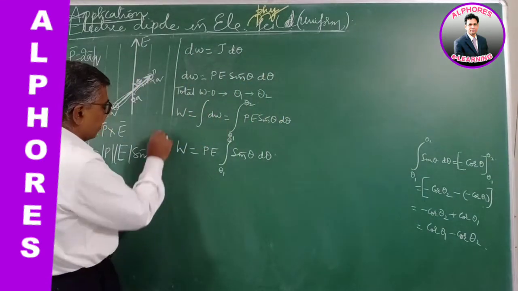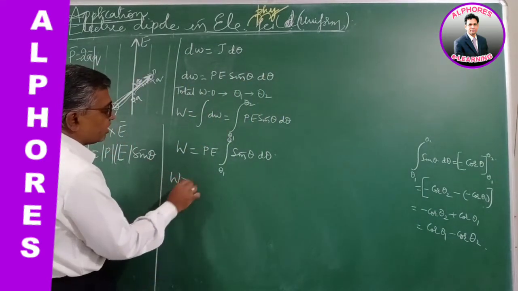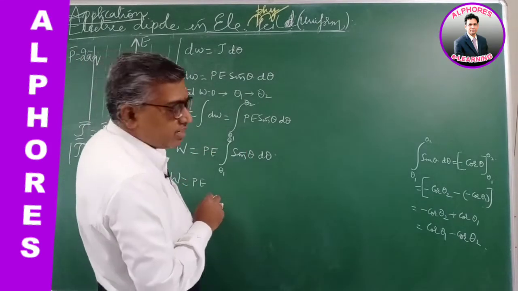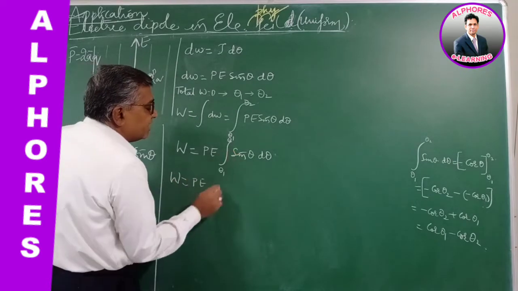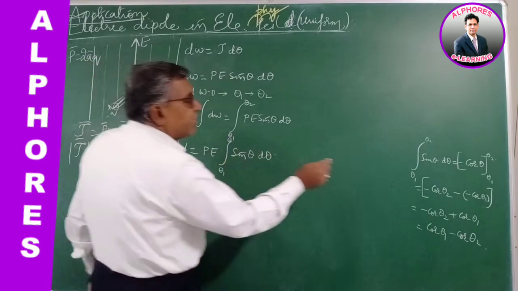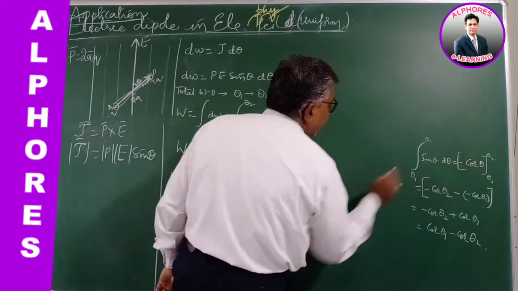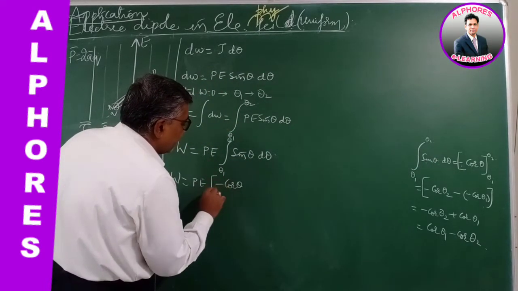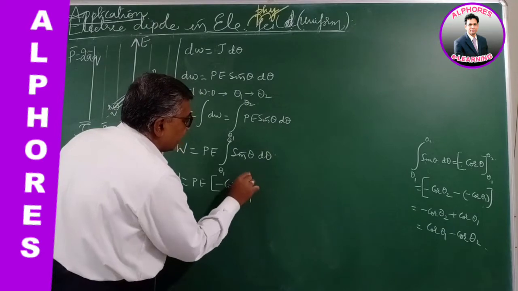Performing the same thing, the work done W is equal to P into E. Magnitudes of dipole and electric field are constant. So sin theta, integration of sin theta is minus cos theta, between the limits theta 1 and theta 2.